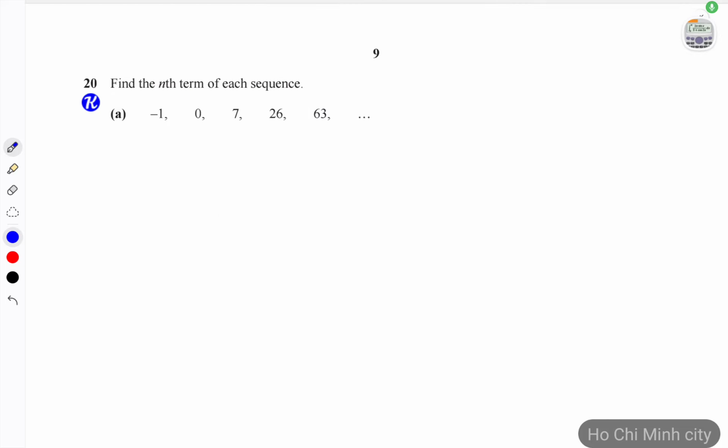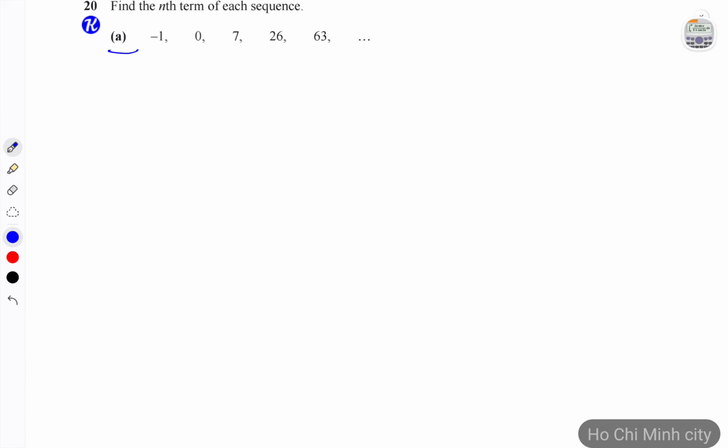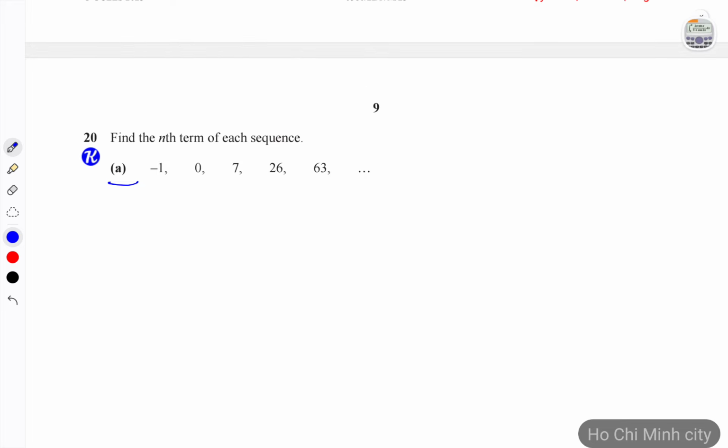All right, the next question is about finding the nth term of the sequence. We have part A and part B. There are two parts about finding the nth term. First of all, we need to find out the common difference.